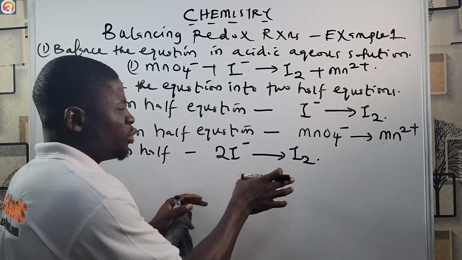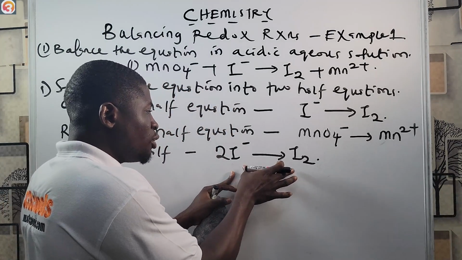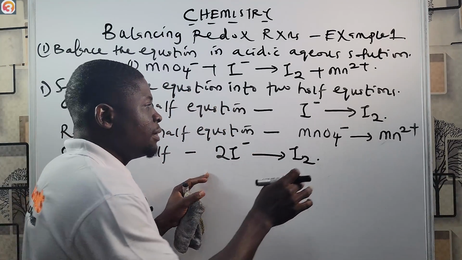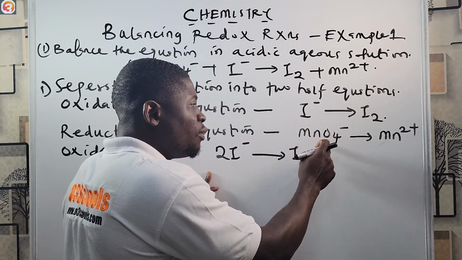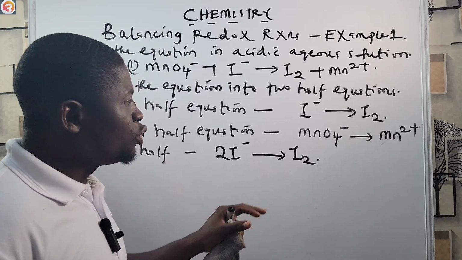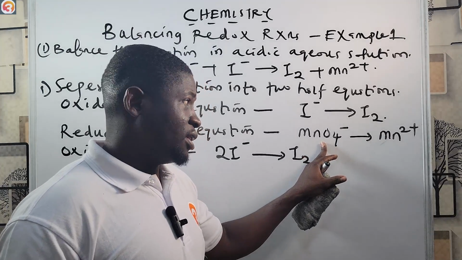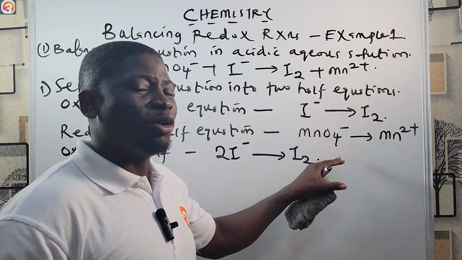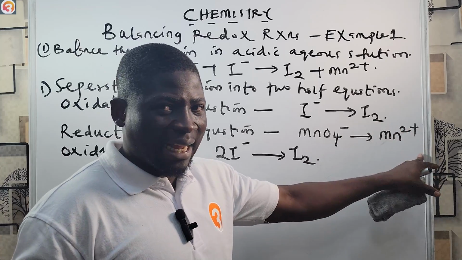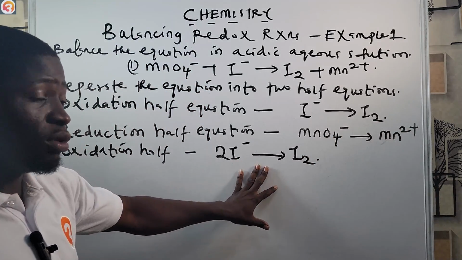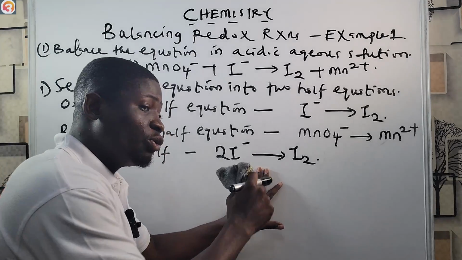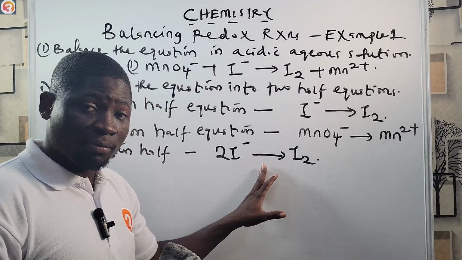On the oxidation half there is no oxygen, but on the reduction half there are 4 atoms of oxygen. So we need to balance the reduction half by adding the appropriate number of water molecules to the other side. We ignore the oxidation half because there's no oxygen; if there was oxygen there, we would have added water molecules to it. Is that clear?